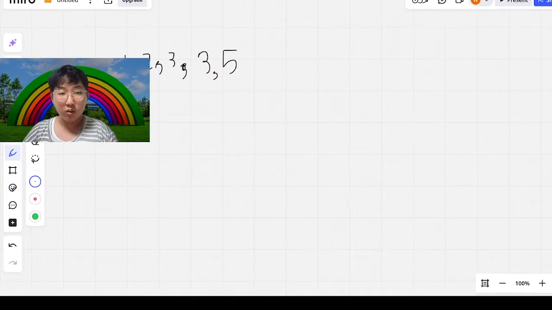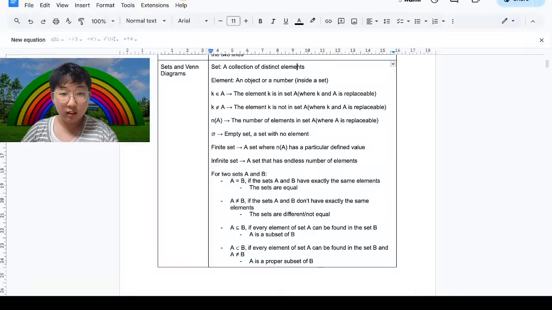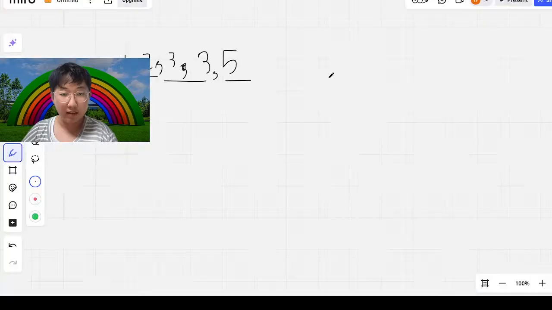Then we have two threes and everything else is distinct. So a set is a collection of distinct, so different, elements. And what is an element? It's an object or a number inside a set.